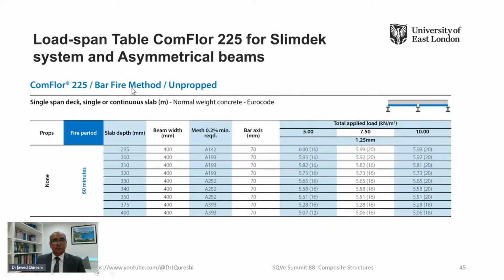And again, this is the load span table for asymmetric slim floor beams. This is ComFlor 225, and here you can see spanning capability is quite a lot, 6 meters. But for this slab, you would need a bottom flange of the beam which is wider than the top flange.